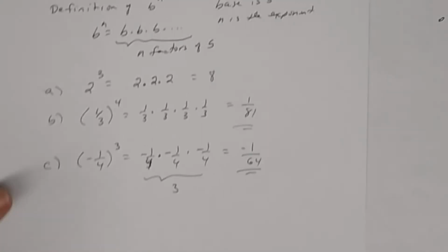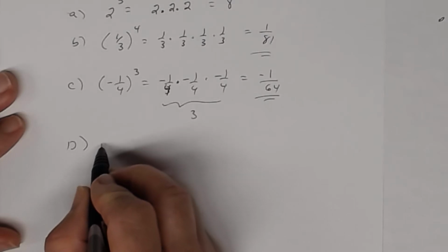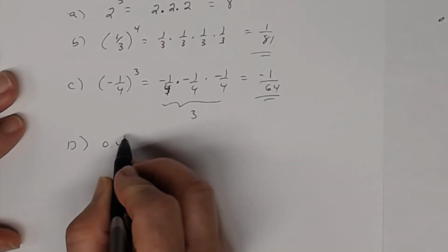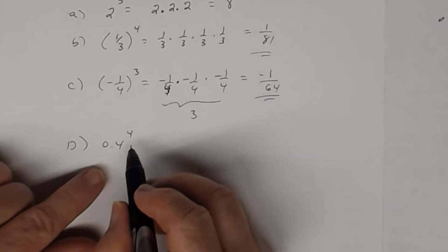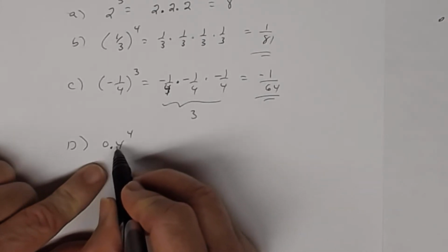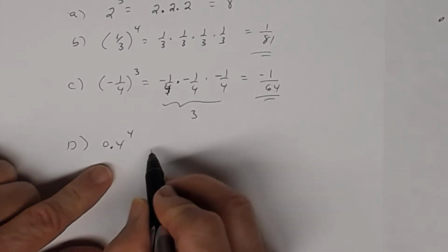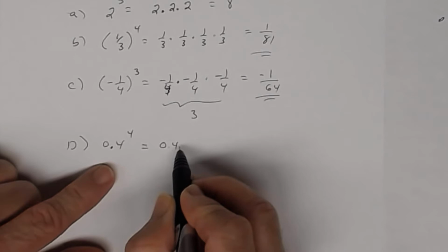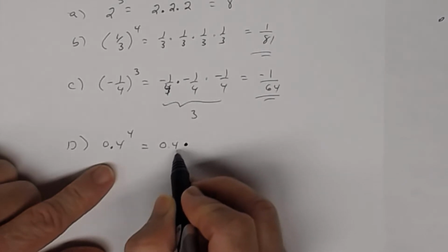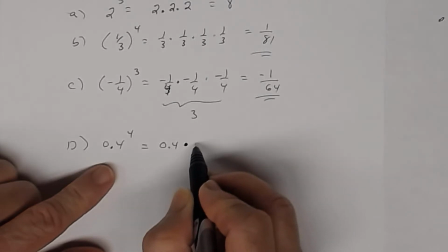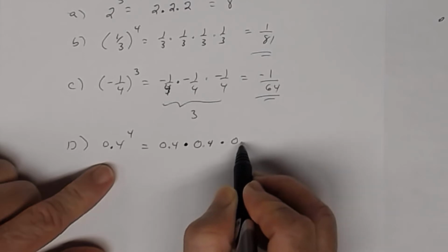You could deal with decimals as well. For example, if I have D being 0.4 to the 4th power, that's 4/10 to the 4th power. The base is 0.4, so that's going to be 0.4 times 0.4 times 0.4 times 0.4.